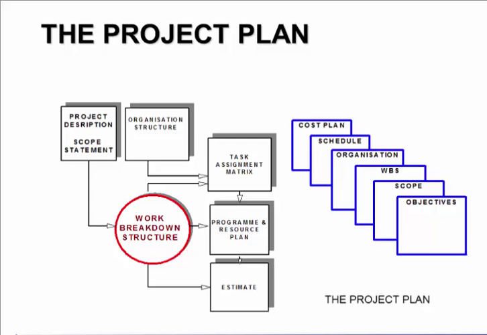Okay, so when we have the overall structure and the overall part of a particular project, we need to make the project plan, and the project plan has various components, but the first major component is breaking down the large task into smaller tasks, what is referred to as a work breakdown structure, and it has assignment of tasks and programming.